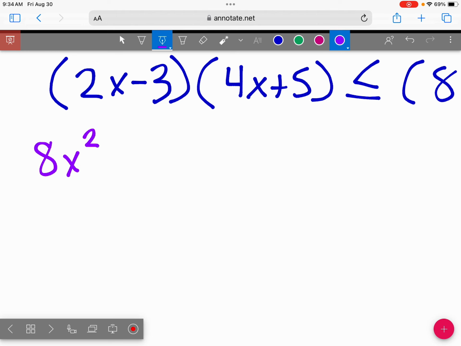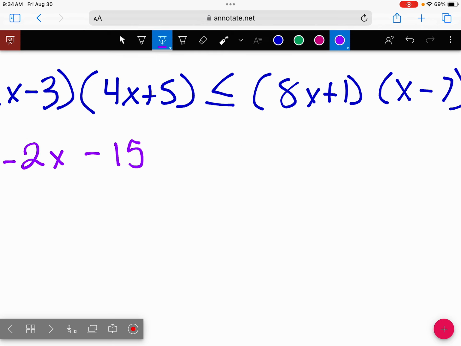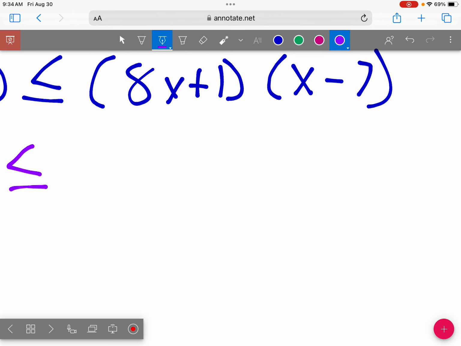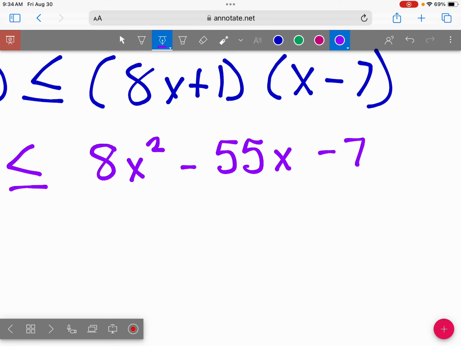So we have minus 2x minus 15 is less than or equal to, same thing on the right-hand side, 8x times x gives me 8x squared. 1 times x is 1x. Minus 7 times 8x is negative 56x. So we wind up with negative 55x minus 7. I heard a what on that one? Where did I lose this?